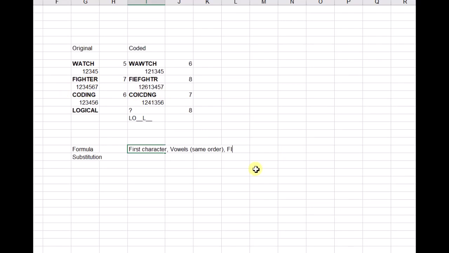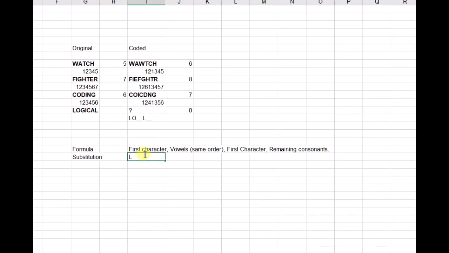And then again we have the first character. Finally, the remaining characters, that we call consonants. So now we have the formula ready, and you just substitute the values. The first character is L. Then you list down the vowels.